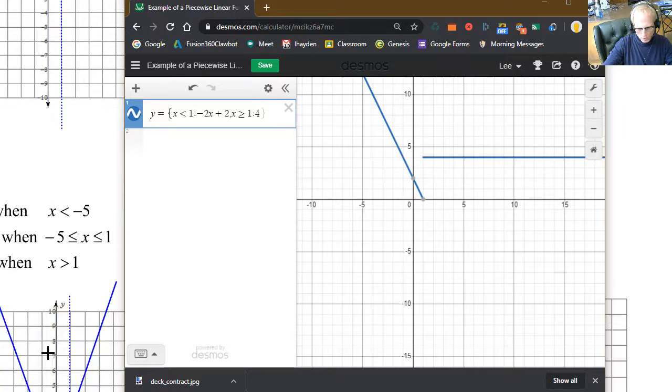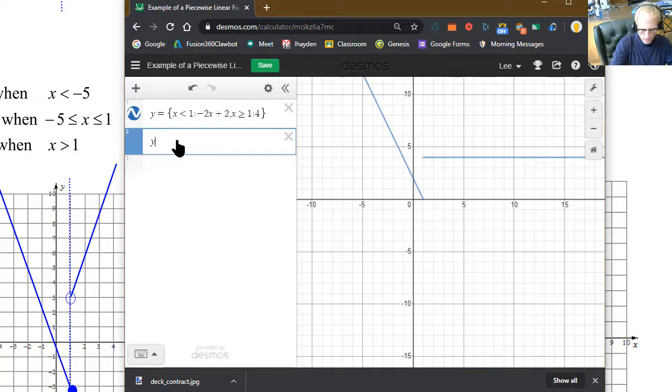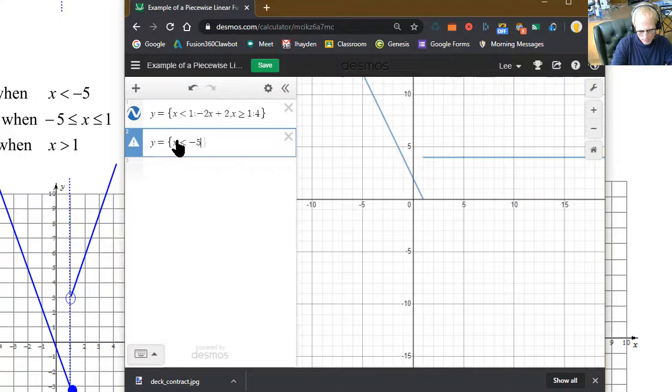Okay, so now let's try this one. I'm going to put y equals, open curly brace, and then I put the first constraint, x less than negative 5, a colon, then 3x.